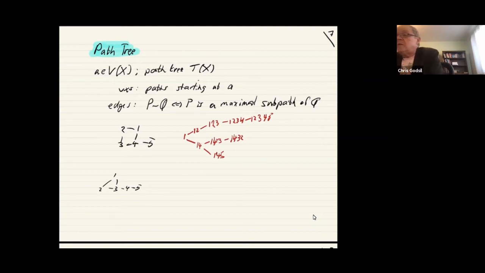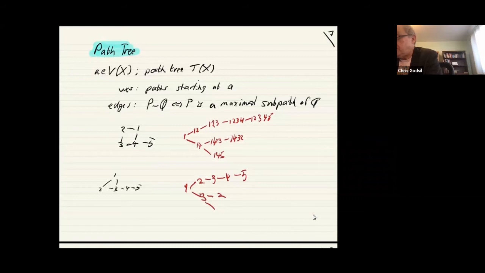Now, just to amuse myself, we could do the same thing for the second graph. We have 1, and we still get 2, 3, 4, 5. And we can go to 1, 3, and 2, or 1, 3.